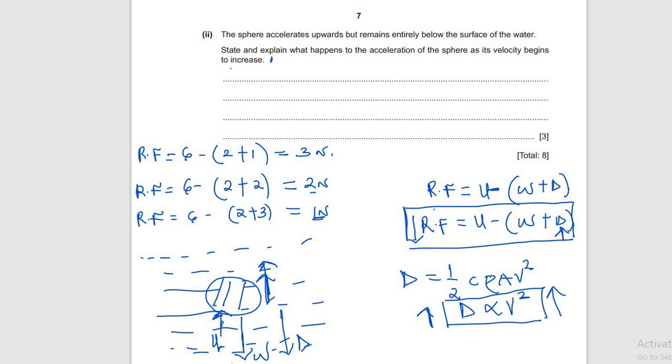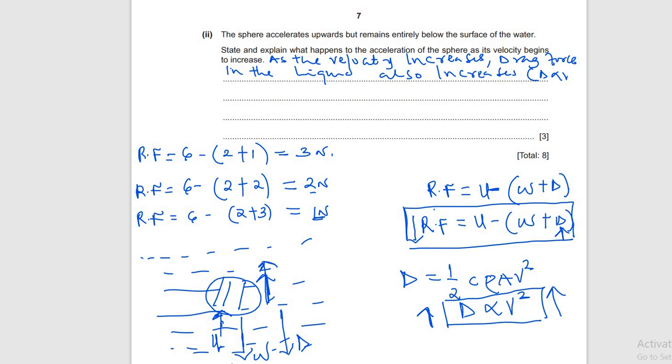So let's put it down. As the velocity increases, drag force in the liquid also increases.